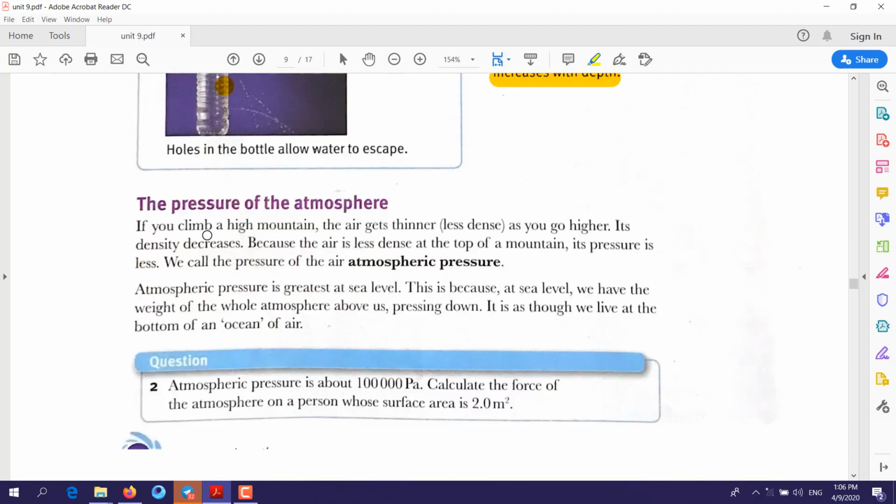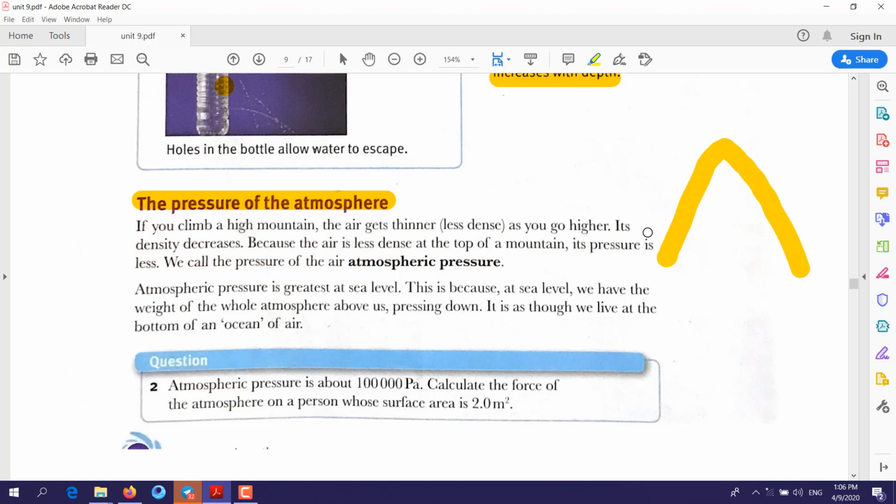Now, pressure in gases. Example, pressure of the atmosphere. All of us know that Earth is surrounded by a layer of gases. These gases make pressure. For example, let's say this is a mountain.